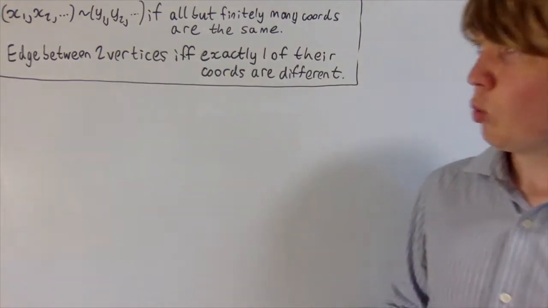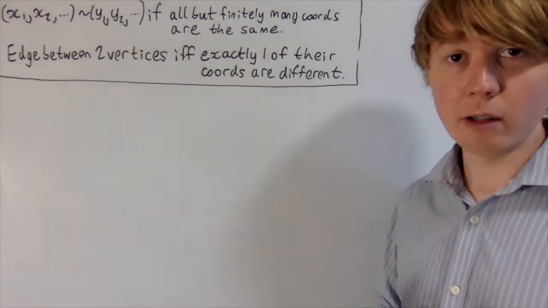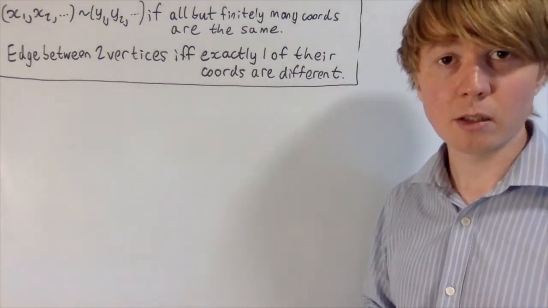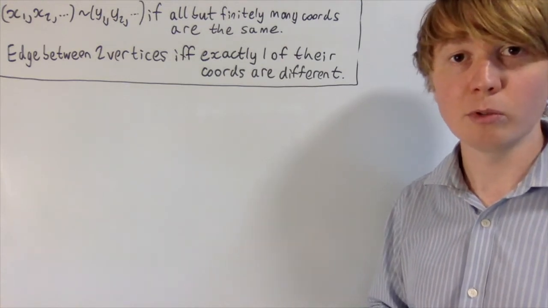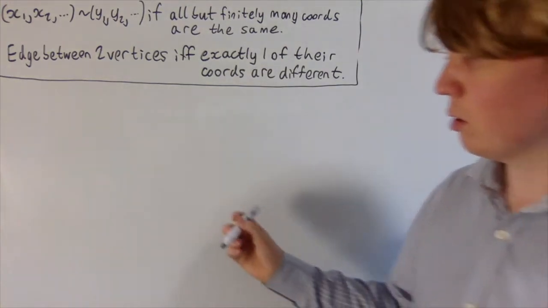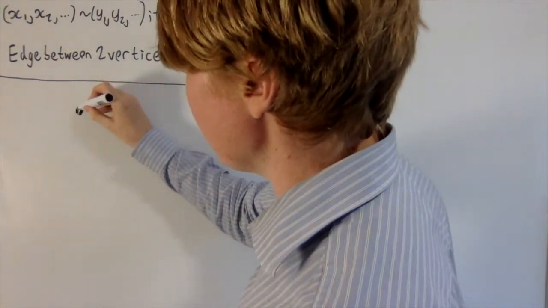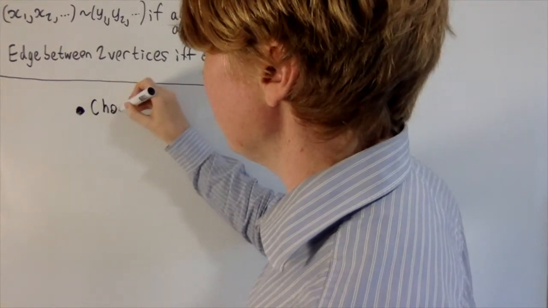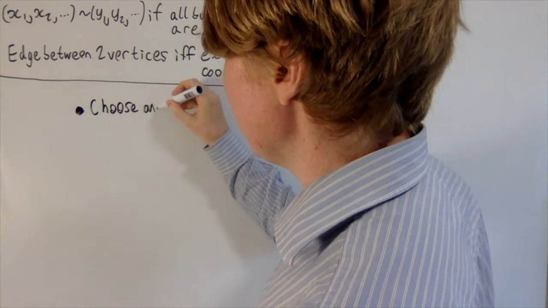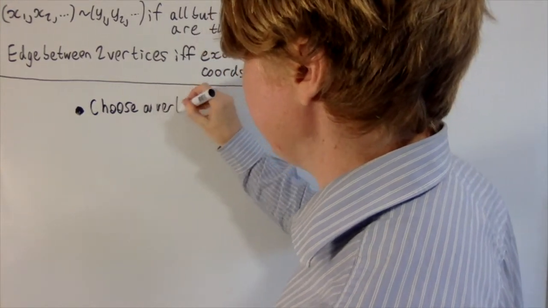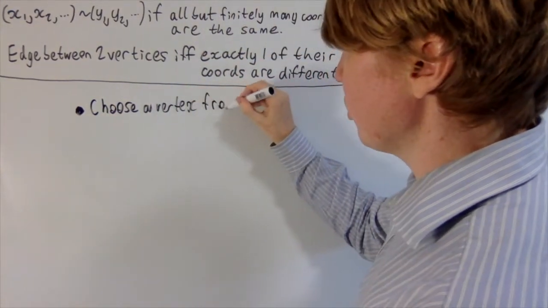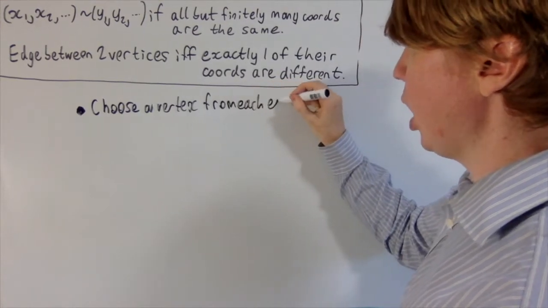So we're going to use this partition into the equivalence classes to define our partition to show that this infinite dimensional hypercube graph is bipartite. So the first thing we're going to do is we're actually going to use the axiom of choice here, and all we're going to do is choose a vertex from each equivalence class.